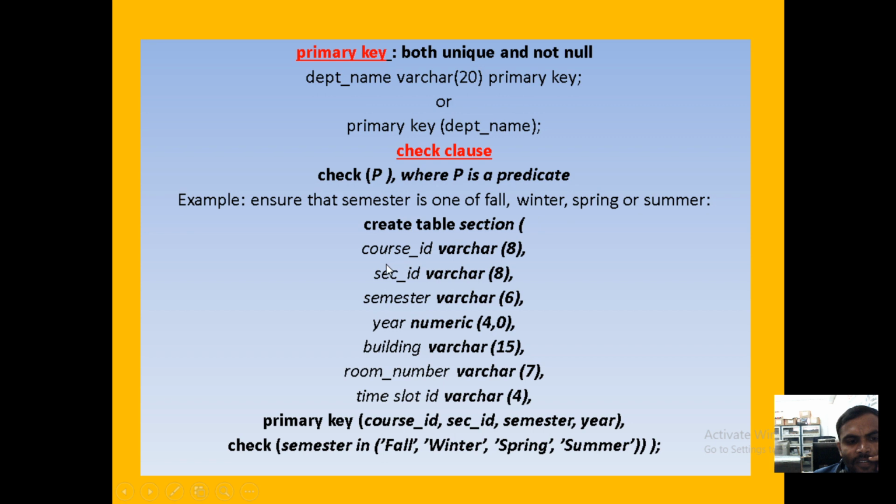At the time of defining the column, for the column we are not specifying any primary key. Now for the course ID, section ID, semester and year, we can specify it for these 4 columns. After defining the column, if you are defining the constraint, then we call it a column level constraint. At the end of the table, if we are declaring the primary key, then we call it a table level constraint.